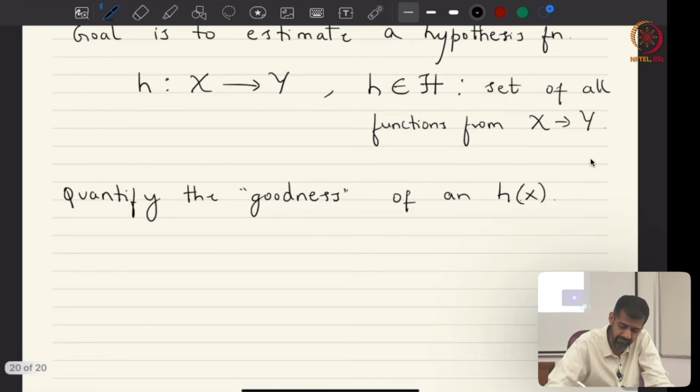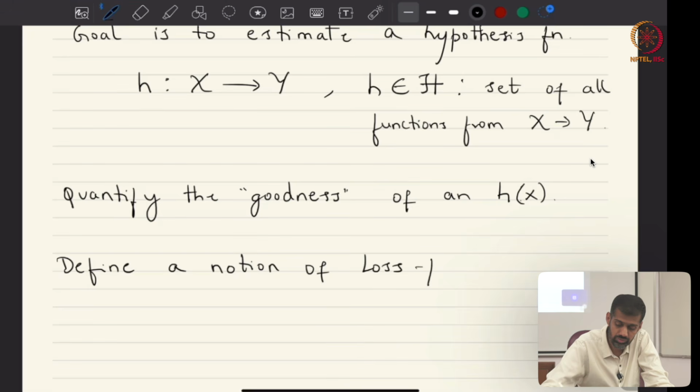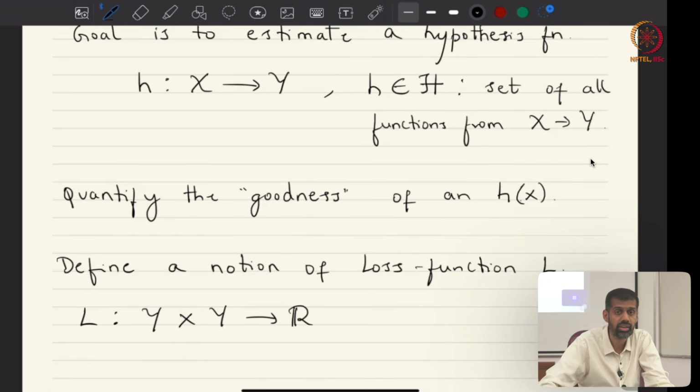Now, define a notion of loss function. Loss function L is a function that operates on the cross product of y and y, and it will give you a positive real number. This is the definition of a loss function.